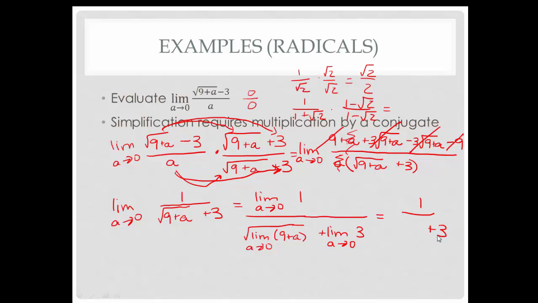The denominator, we get plus 3 here. And down here, we get the limit as a approaches 0 of 9 plus a. That's a polynomial, so that's eligible for direct substitution. So under our square root, we have 9 plus 0. So when we do all the simplification, we get 1 over, the square root of 9 is 3, plus another 3 is 6. So this limit is exactly equal to 1/6. No guessing, no estimation. That's its exact value.